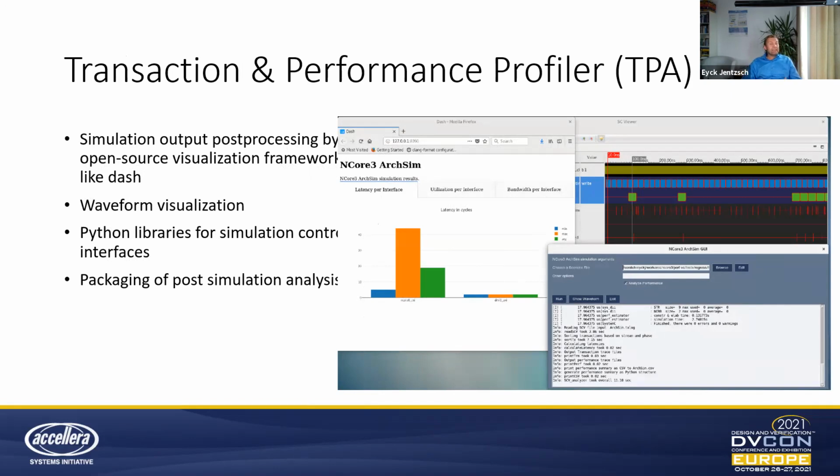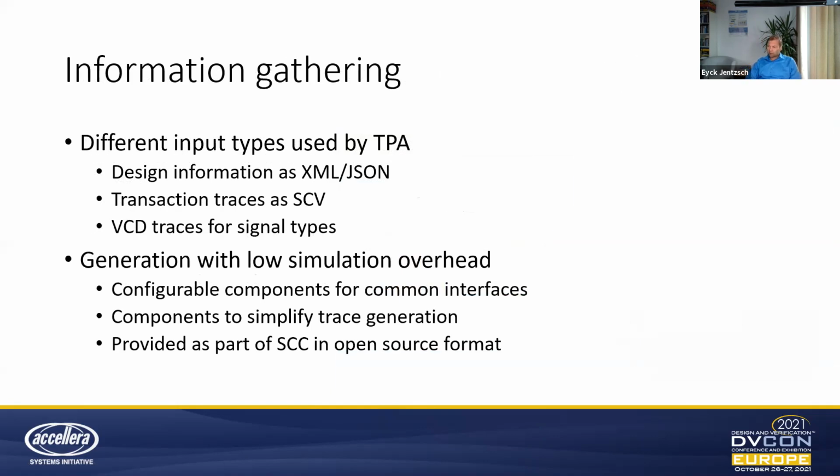But basically, the end part that you want to get to is to analyze your results, and we see here in a little screenshot some graph analysis, some transaction-based analysis, and often also the interaction with a simulation, which is part of this transaction performance profiling step. But let's take a look at what the different components are that you need.